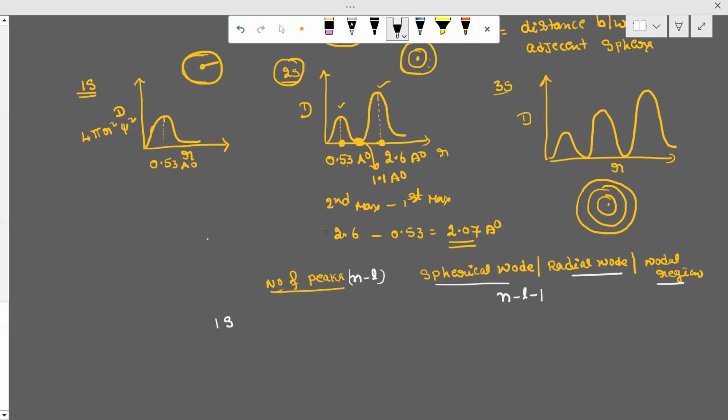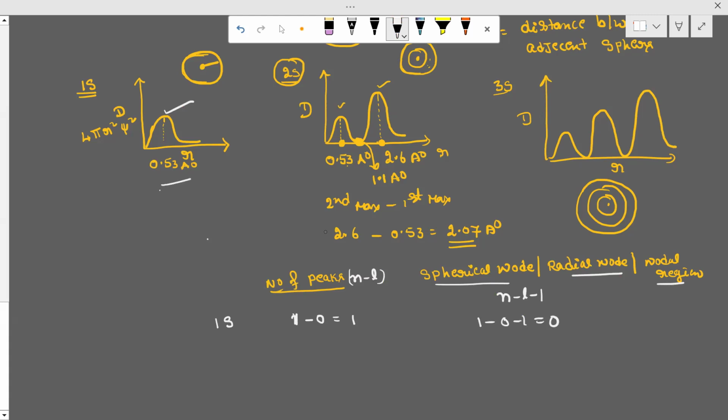Consider the 1s orbital. The n value is 1, so 1 minus 0 equals 1. One peak is there for 1s orbital. Nodal regions: 1 minus 0 minus 1 is equal to 0.